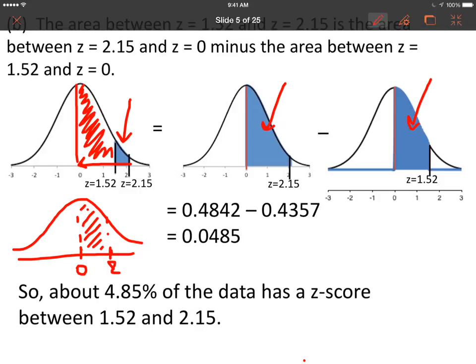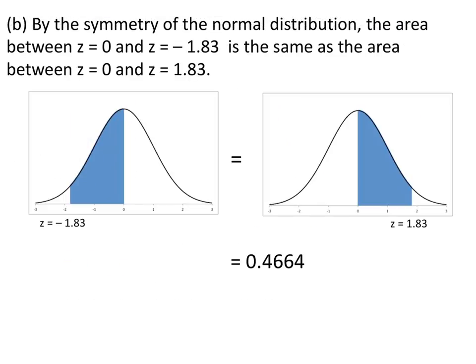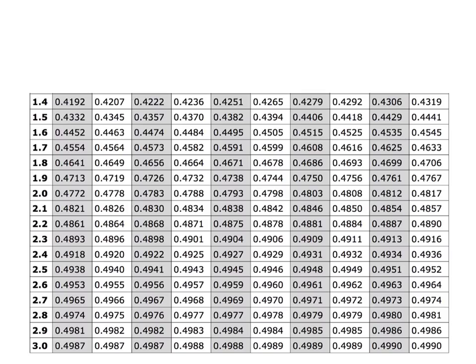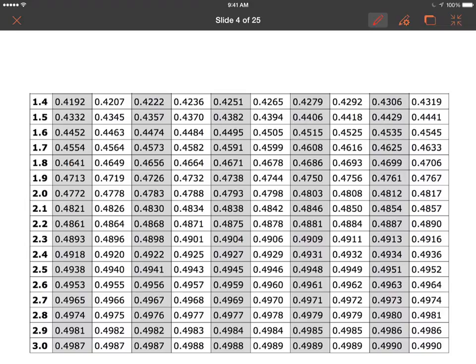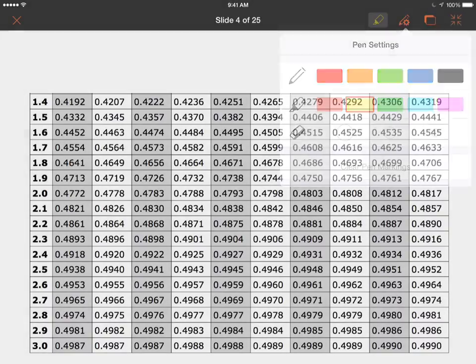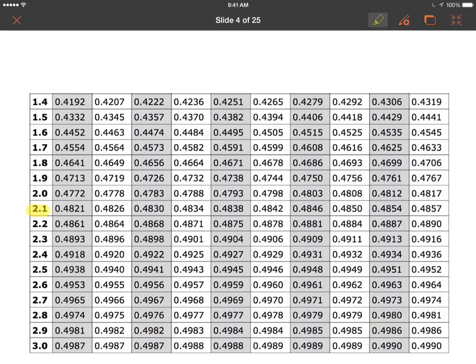So let's go back to the table. Keep in mind, I'm looking for 2.15 and 1.52. Okay, so 2.15 and 1.52 are what we're looking for. So 2.15, here's the 2.1, and across the top, think 0, 1, 2, 3, 4, 5.